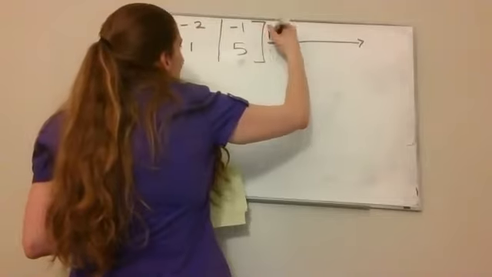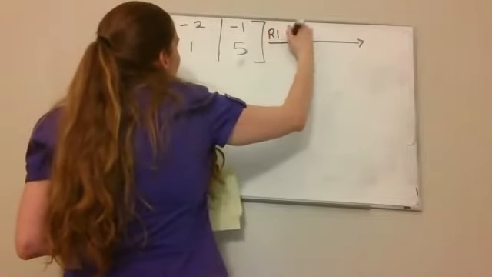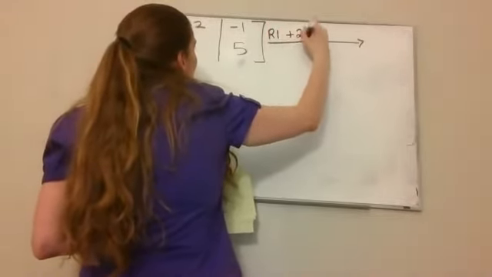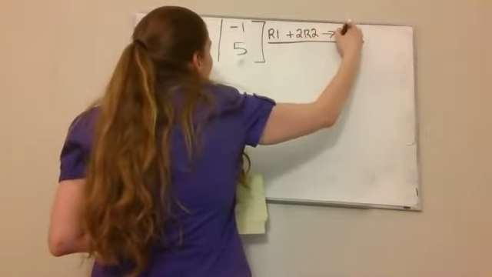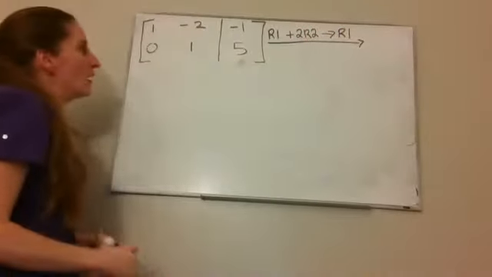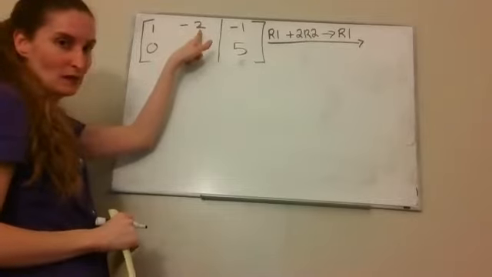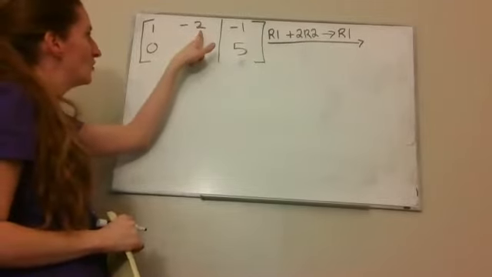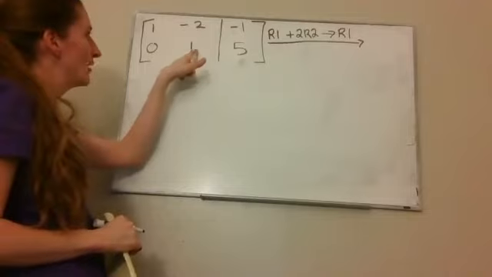That means that I can take my row 1 and add 2 times my row 2, store that back in row 1, and that should turn this into a 0. Because -2 plus 2 times 1 will get me 0.